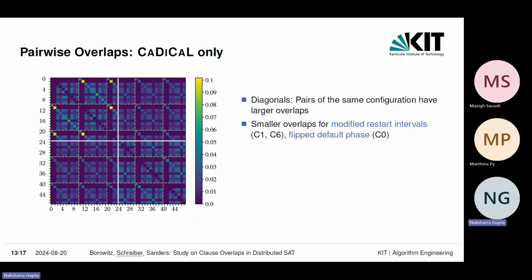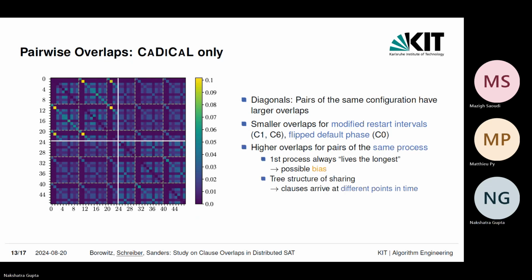That's also pretty clear. We did see some configurations where we have smaller overlaps in produced clauses overall. That's these darker lines that you see here, and that concerns especially configurations where we modify our restart intervals and where we flip the default phase, right? With those configurations, we get very diverse clauses compared to others.